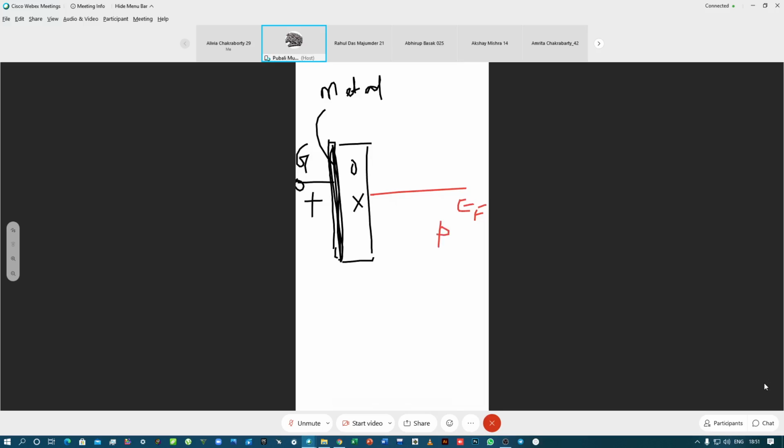Suppose we have not given any positive potential, then what would the energy band diagram be like?